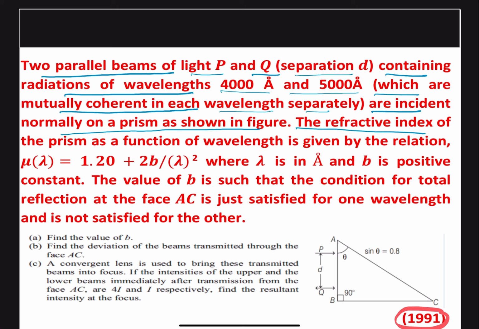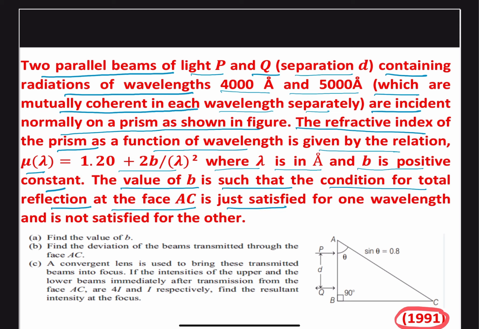The refractive index of the prism as a function of wavelength is given by the relation mu of lambda is equal to 1.20 plus 2b divided by lambda square, where lambda is in angstrom and b is a positive constant. The value of b is such that the condition for total reflection at the face AC is just satisfied for one wavelength and is not satisfied for the other.